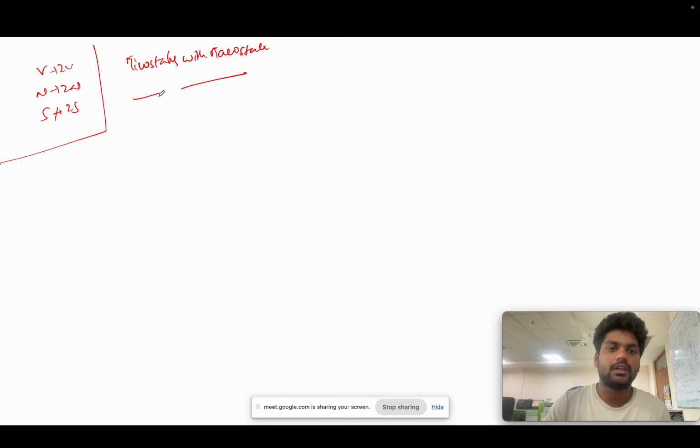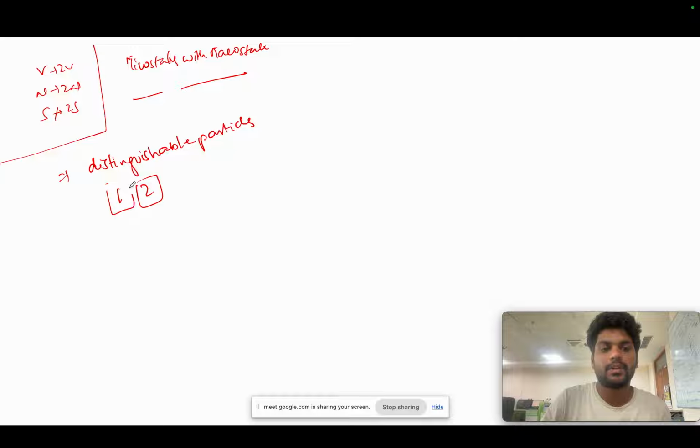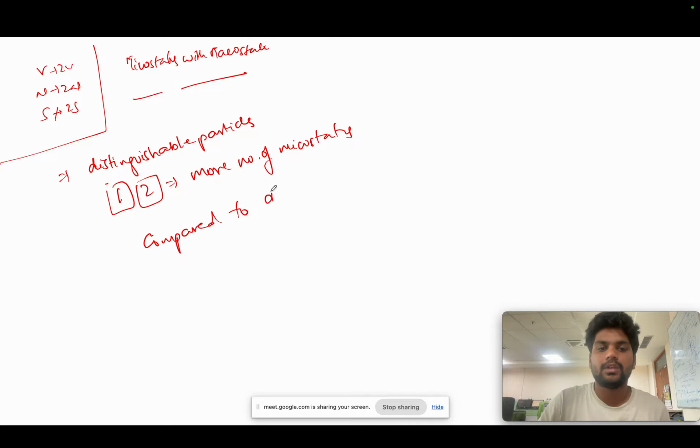The mistake initially was that we were taking the particles as distinguishable particles. If you consider distinguishable particles, say suppose it's like 1 and 2, then we get a greater number of microstates compared to indistinguishable particles.